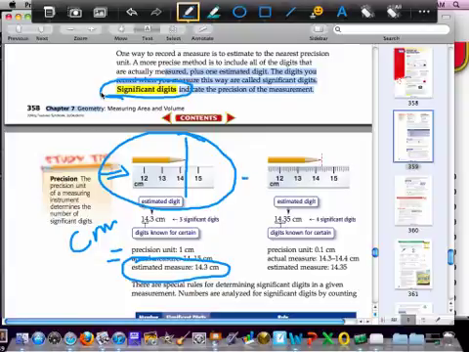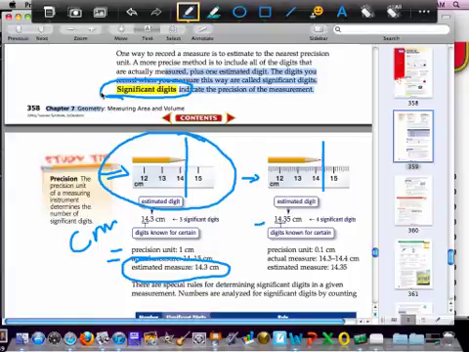Now look over here where we have a ruler that's marked to the nearest tenth of a centimeter, and we can measure that a little bit better. It's hard to tell with my mark here, but it's somewhere between 14.3 and 14.4, and I'm going to estimate that it's 14.35.